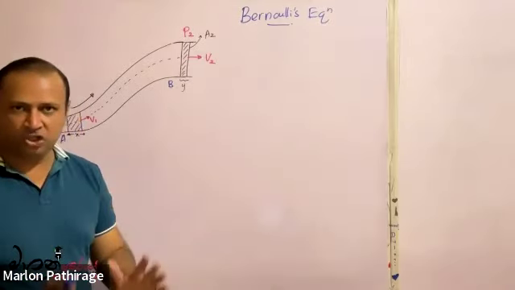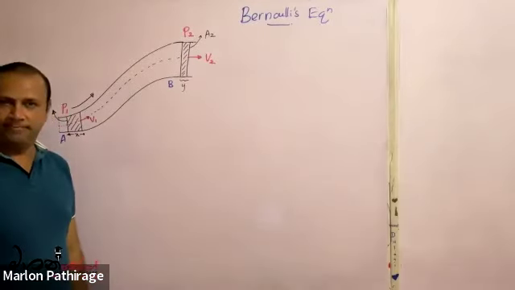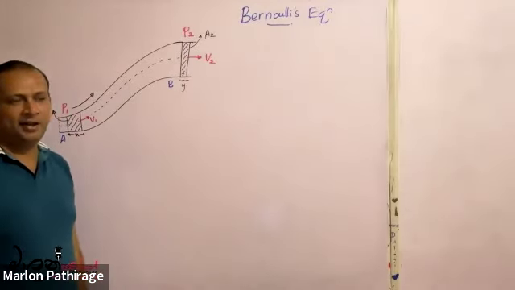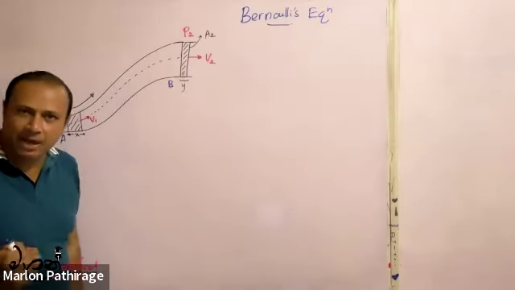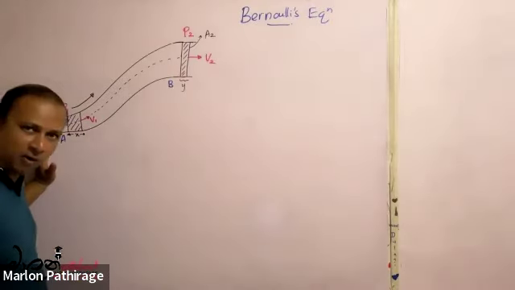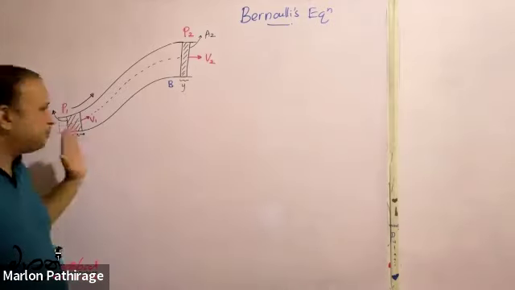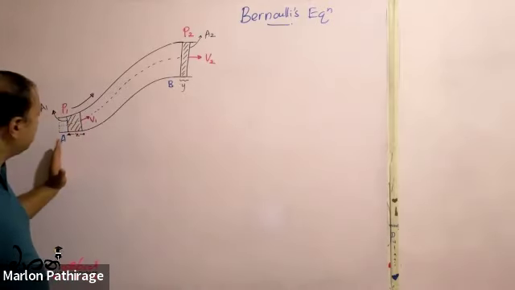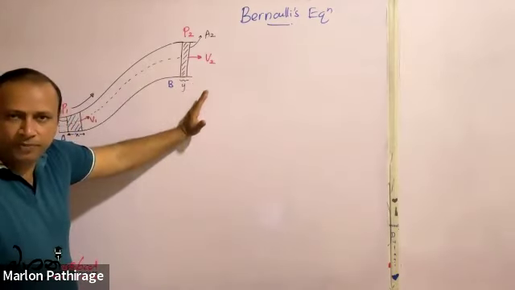Initially, this fluid is in a stationary condition. Once we apply a pressure difference, the fluid flows from here to here. At this position, the fluid has a velocity v1, and at this position, velocity v2.